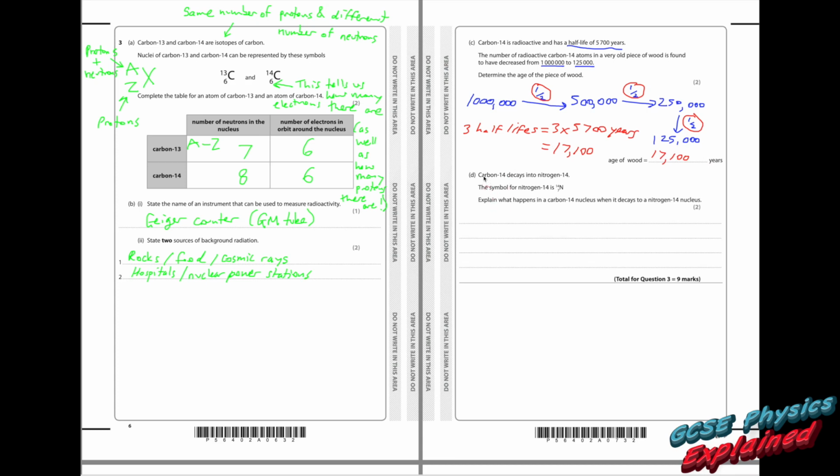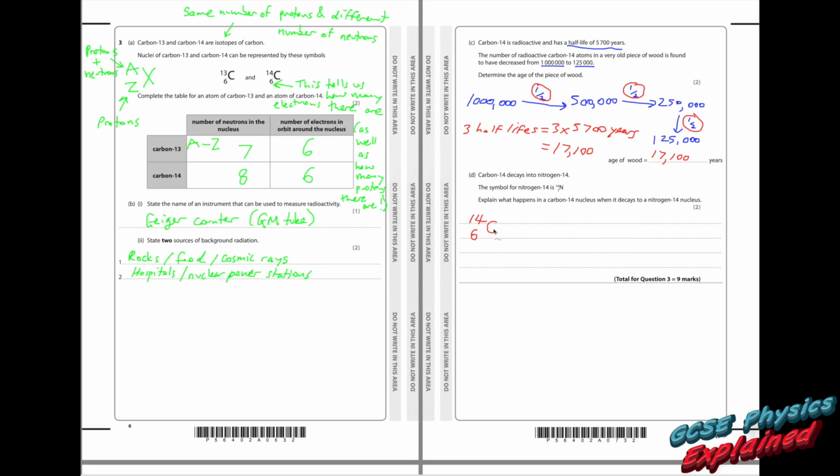Question D. Carbon-14 decays into nitrogen-14. The symbol for nitrogen-14 is 14,7N. Explain what happens in a carbon-14 nucleus when it decays to a nitrogen-14 nucleus. Okay, so we are going to start with a carbon-14 nucleus, and the 14 is referring to its mass number.